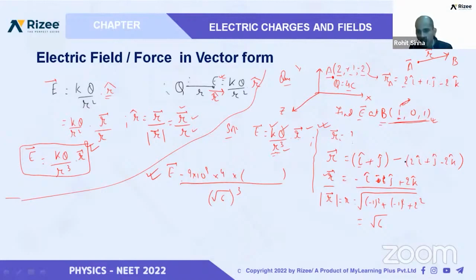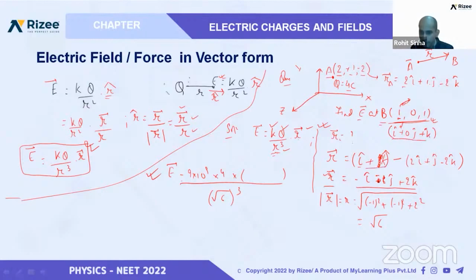Okay. I think j is getting vanished. Oh, mistake. You see here, it is not j cap, it is k cap. It is k cap, no? i cap plus 0 j cap plus k cap here like this, and we are writing here this is RB.